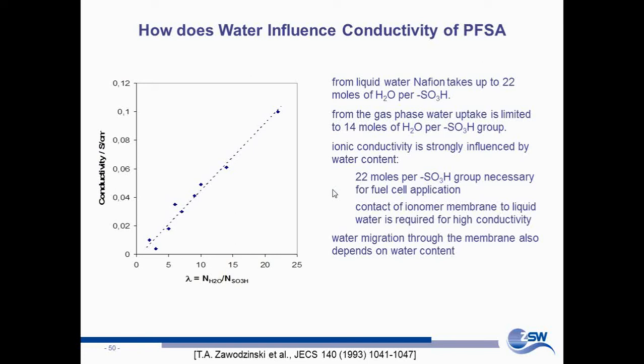And so, from that point of view, the maximum you can get out of the atmosphere is something like 14 moles of water per sulfonic acid group.